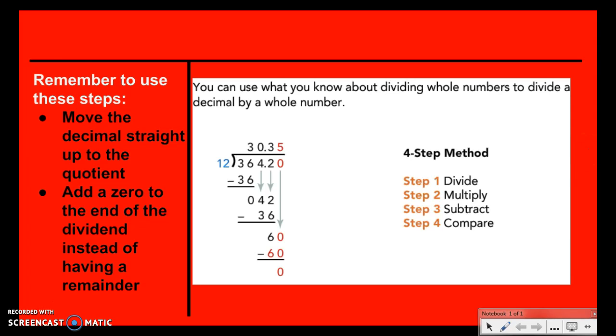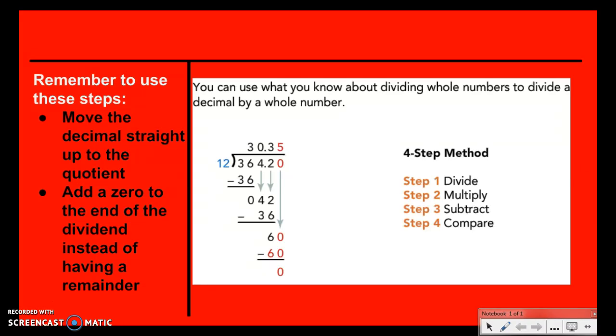Okay, I want you to take a mental picture of what you see on the screen right now, and this is what you're going to put in your notebook. Remember to use these steps. Move the decimal straight up to the quotient, and add the 0 to the end of the dividend instead of having a remainder. So what we are working with right now is 364.20 divided by 12.